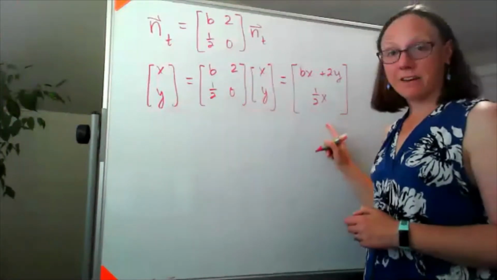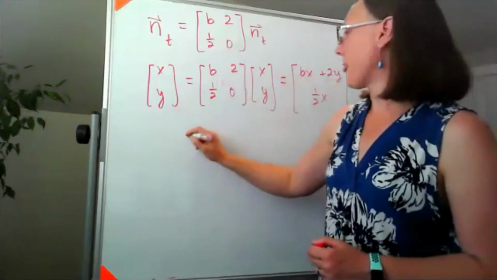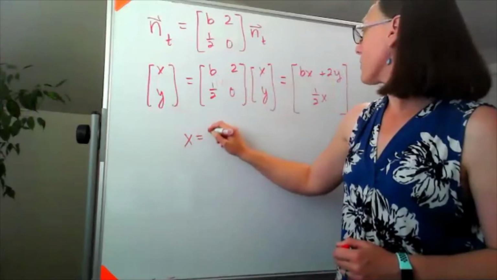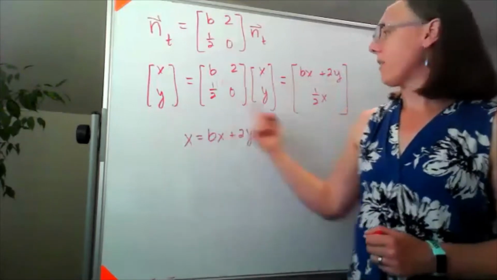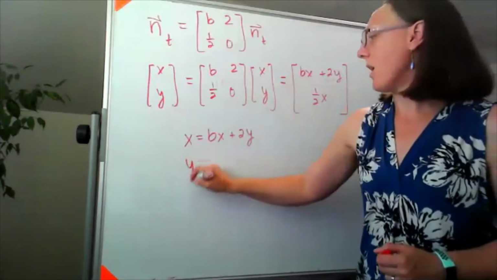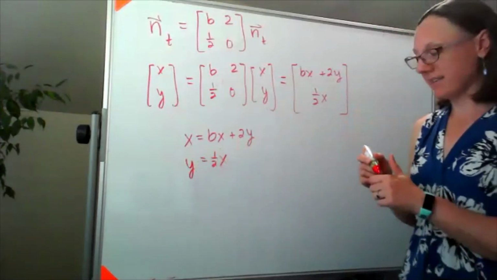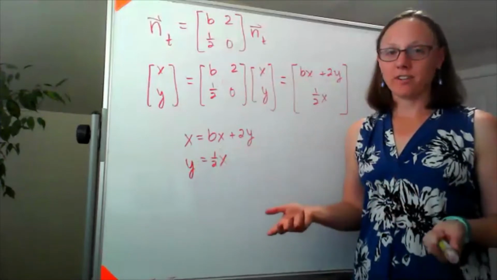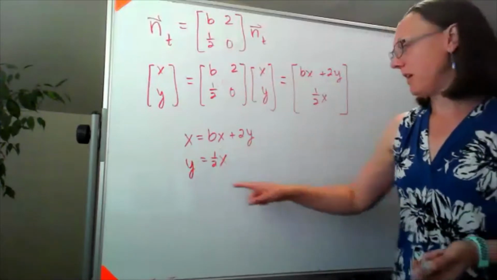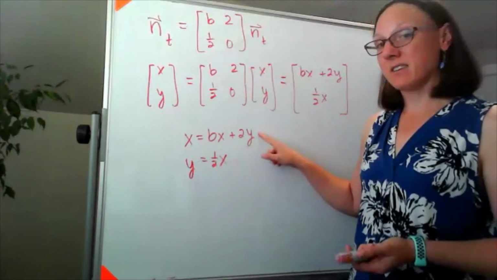Well, thinking about matching these up, that tells me on the top row that x has to be equal to bx plus 2y. And on the bottom row, that says y has to be equal to 1/2 of x. So if we're looking for solutions to this system, I can replace the y up here with a 1/2 x.